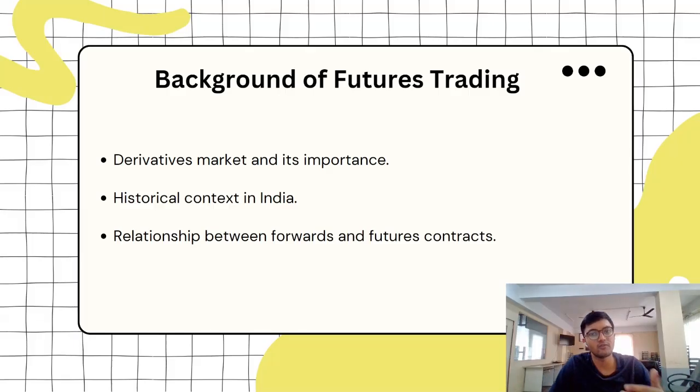That's how forward contracts in general work. There's a written agreement between the two parties to exchange something, and they cannot breach that contract. The prices are pre-decided, and the full amount of the contract is paid in cash. So that was about forwards, which date back to 320 BCE.